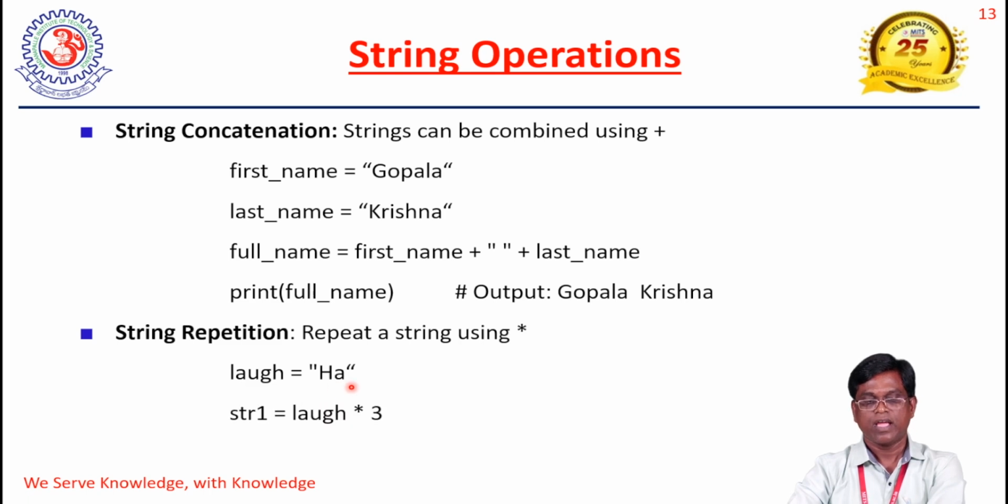And str1 is equal to laugh asterisk 3. Now whatever string is available in this string laugh will be repeated 3 times. So now if you try to display str1, the string ha will be displayed 3 times here. So this is the string repetition operation.